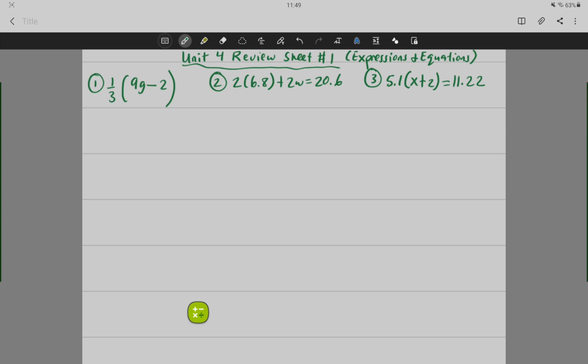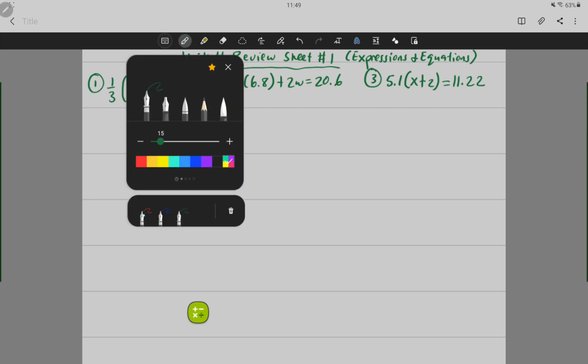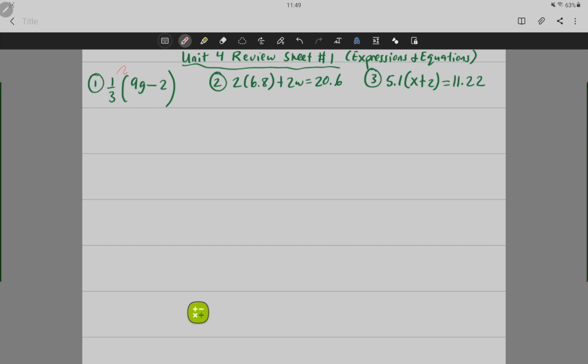Question 1. Which expression is equivalent to 1/3 times (9g minus 2)? Since we have an expression here with parentheses, to get rid of it, we can multiply. So 1/3 times 9g.